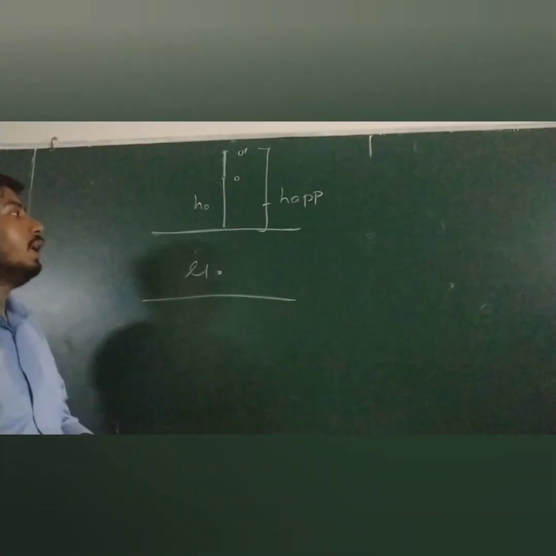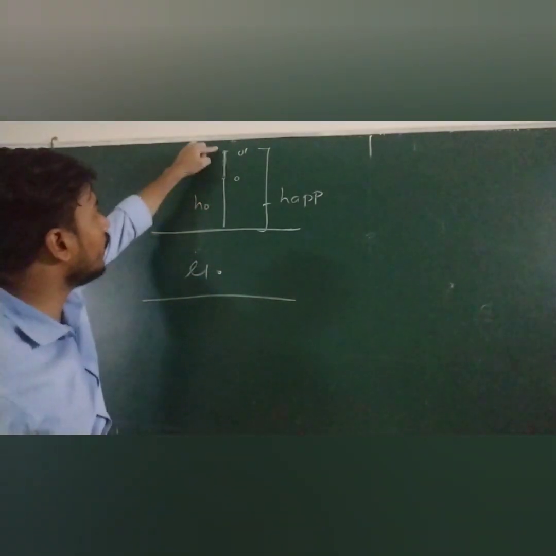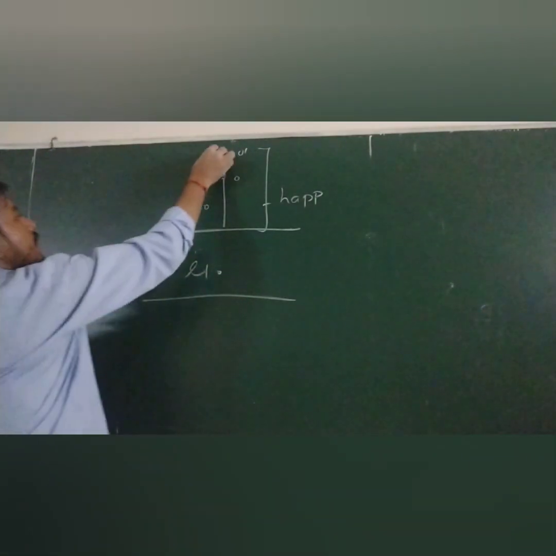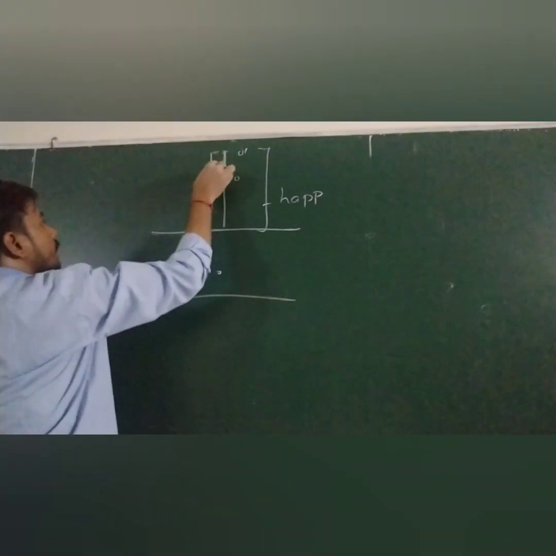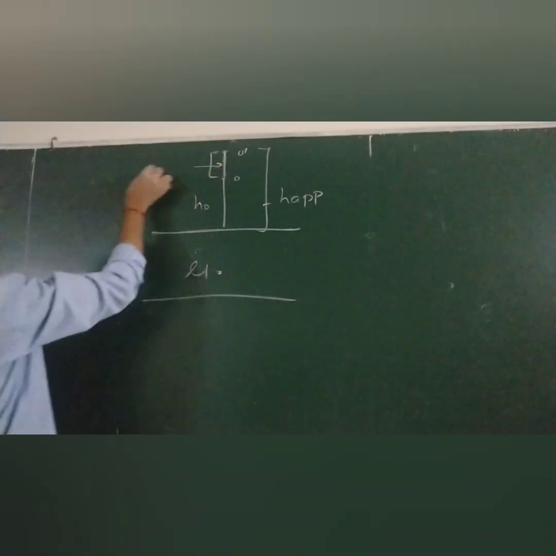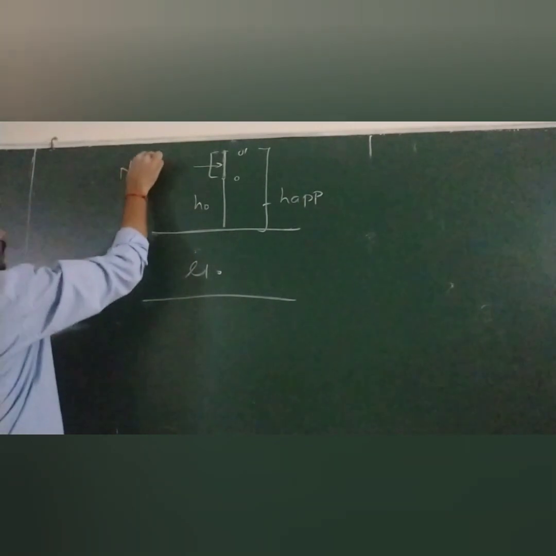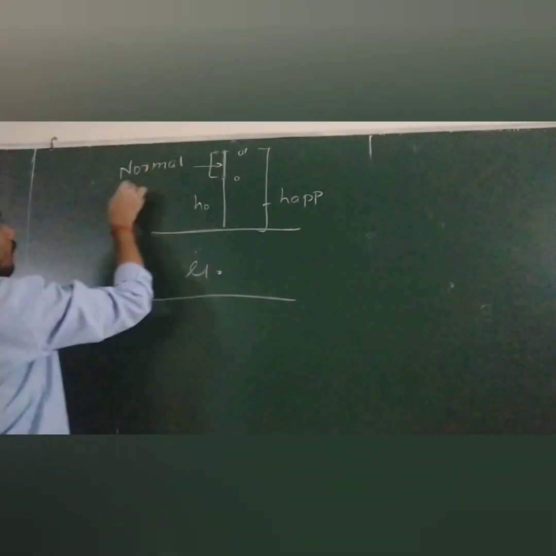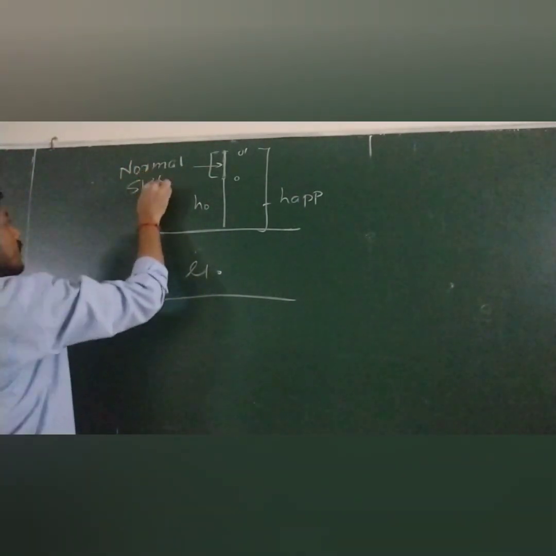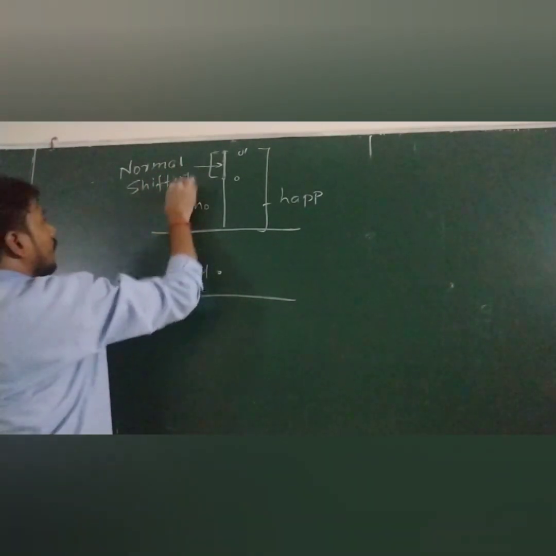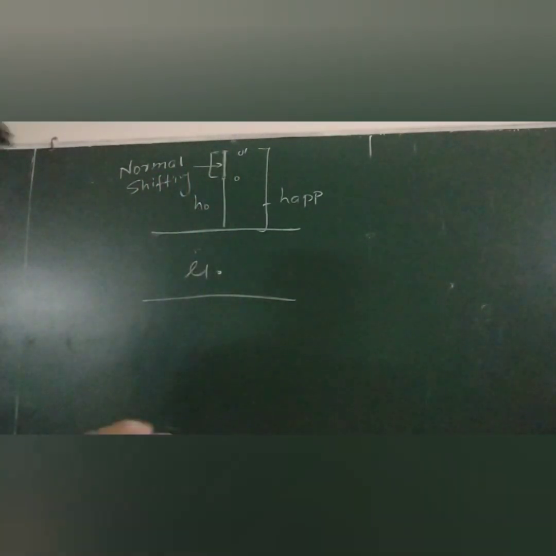So the object shifted from here to there. This shifting is called normal shifting, because light shifted in the normal direction.